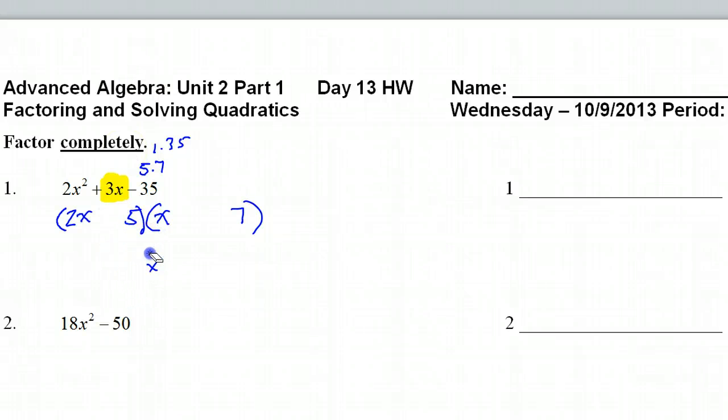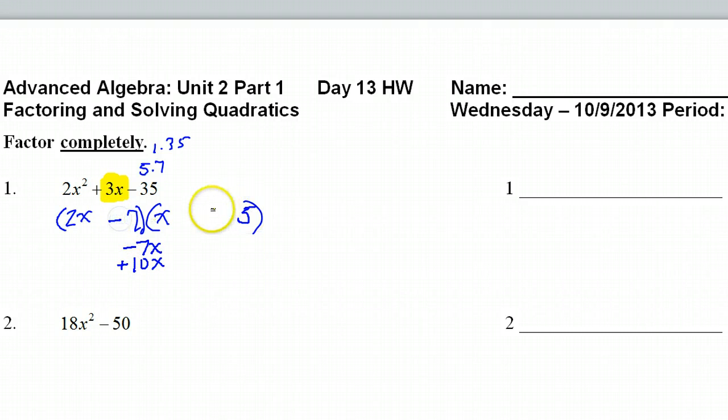So instead, I will try switching these. Alright, so I will try the 7 here and the 5 here. If I do it that way, inner, I have 7x. Outer, I have 10x. Again, I'm trying to get this 3. I can get 3 if I do a negative 7 and a positive 10.